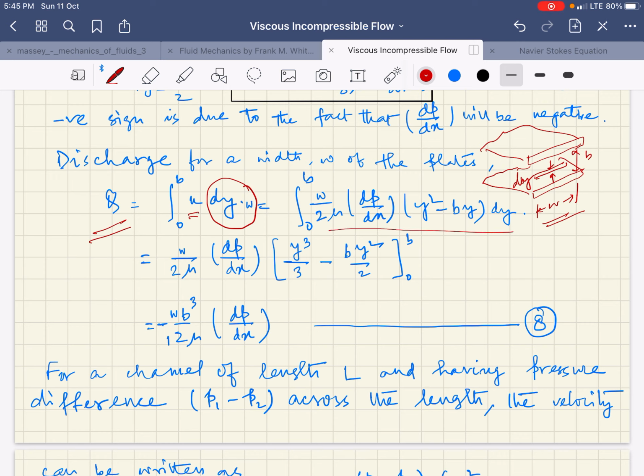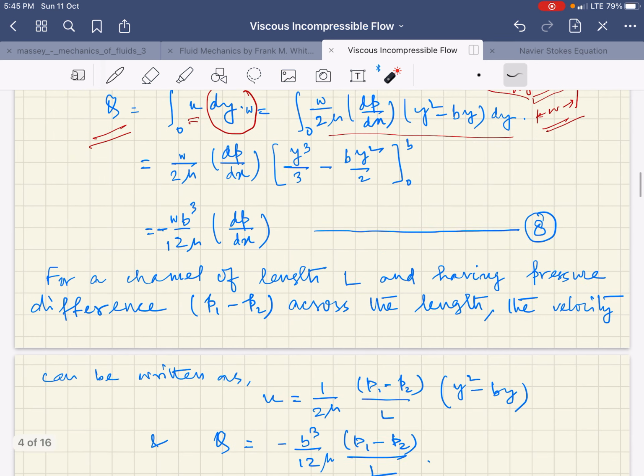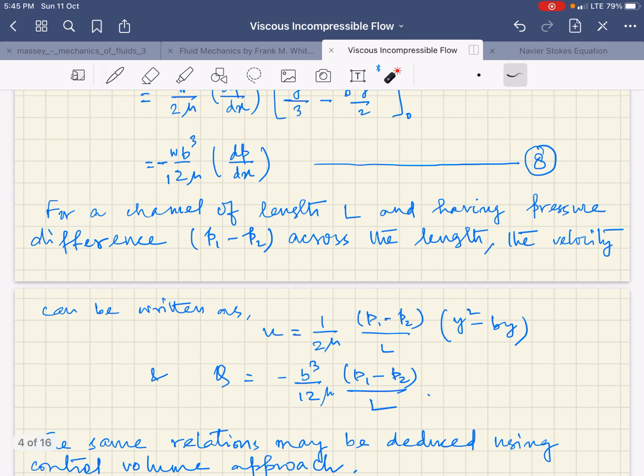This integration ultimately leads to the expression of Q, that is minus w b cube by 12 mu dp dx. Again it comes out negative as usual because of the expression of u. It is negative as it contains dp dx. Once you put the value of dp dx, it will automatically get its positive sense.